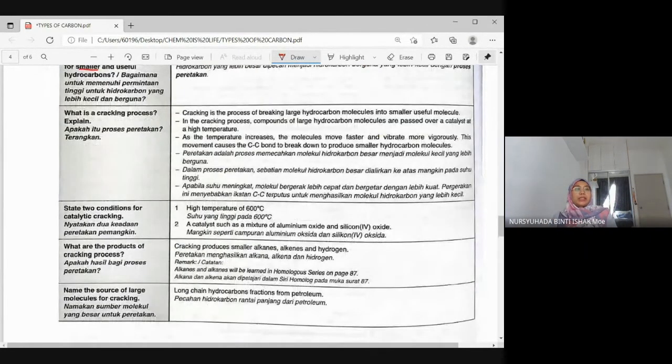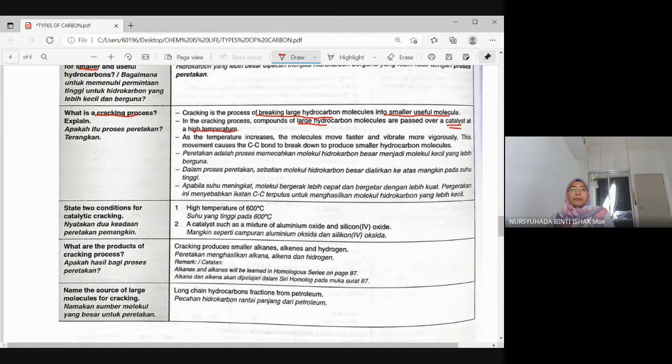So look at this, what is the cracking process? Tadi kita dah belajar distillation process kan? Okay, now kita dah belajar fractional distillation process, now is cracking. Okay, cracking is the process of breaking large hydrocarbon into smaller useful molecule. So in this process, large hydrocarbon molecule are passed over a catalyst at a high temperature.